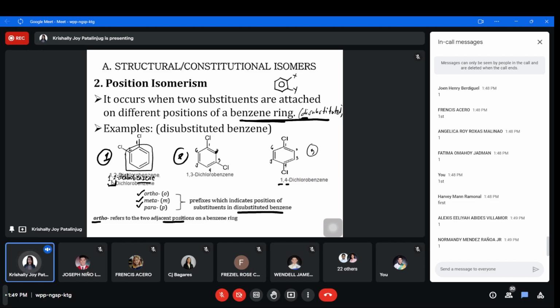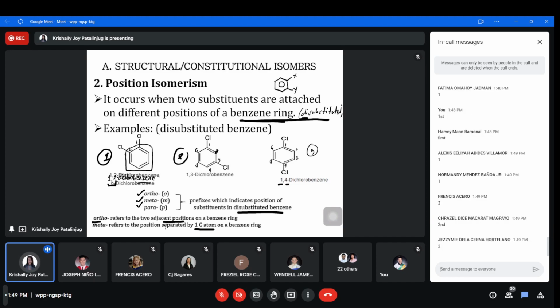Okay? Meta. Kapag naman meta prefix, this refers to the position separated by one carbon atom. Kumbaga, ang dalawang substituents, they are being separated by one carbon atom or one carbon apart. So, on these three sets of molecules, saan natin magagamit yung meta, first, second, third?